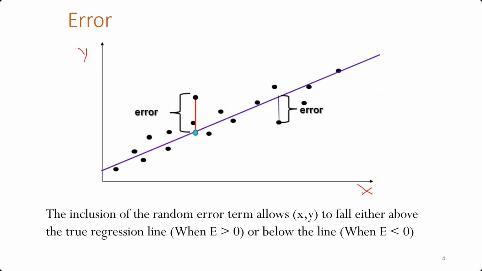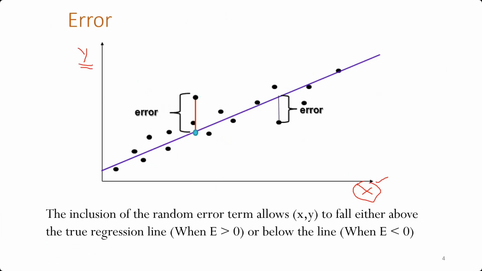This x is also called an independent variable, and y is called a dependent variable. The change in the dependent variable depends on the value of x. We will see an example in upcoming slides.